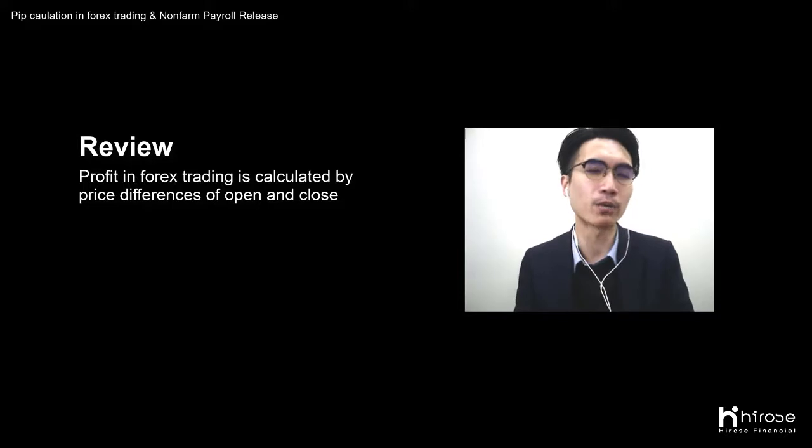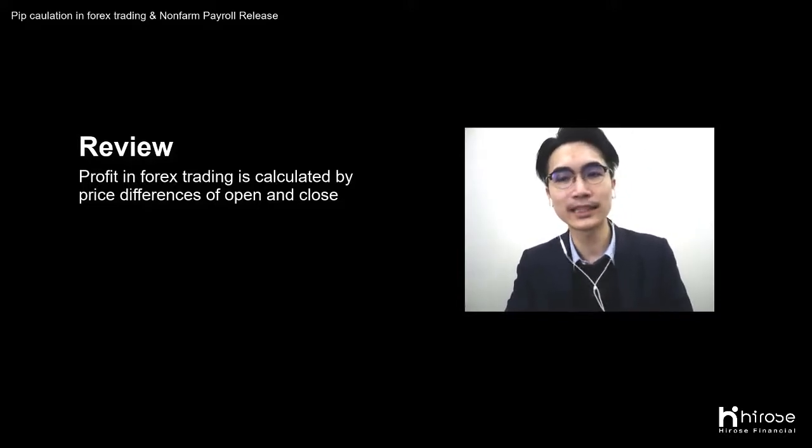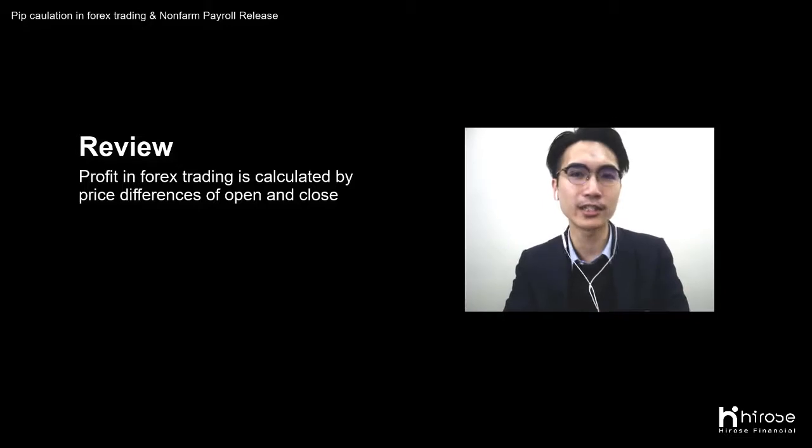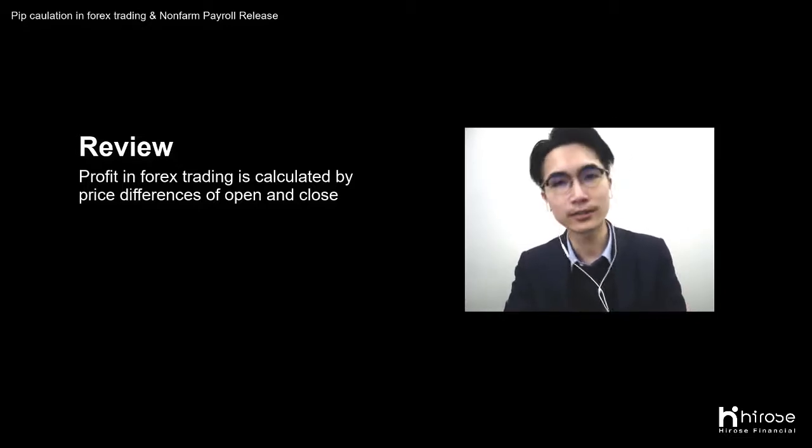Just a quick review on last week's lesson. In last week's lesson, I talked about forex trading. The profit calculation of forex trading is based on the price difference of open and close.